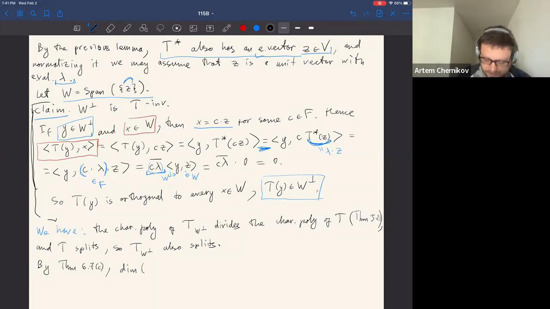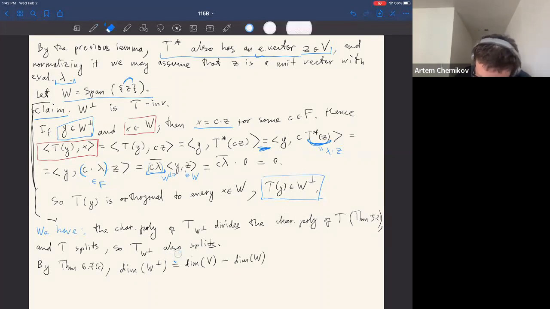So we can calculate the dimension of W perp as the dimension of V minus the dimension of W. Remember, V is given by the direct sum of W and W perp, so the dimension of V is the sum of the dimensions of W and W perp.